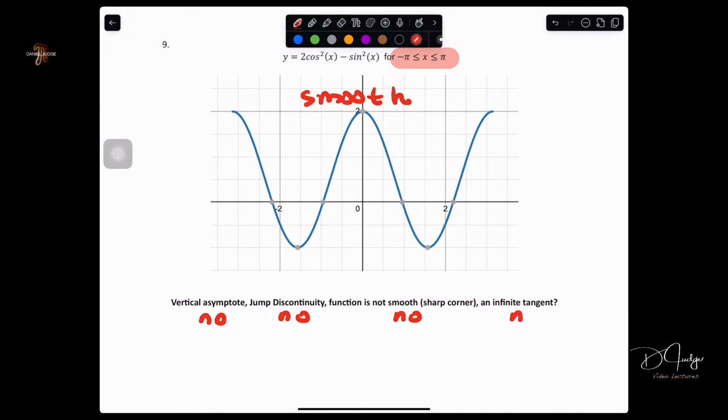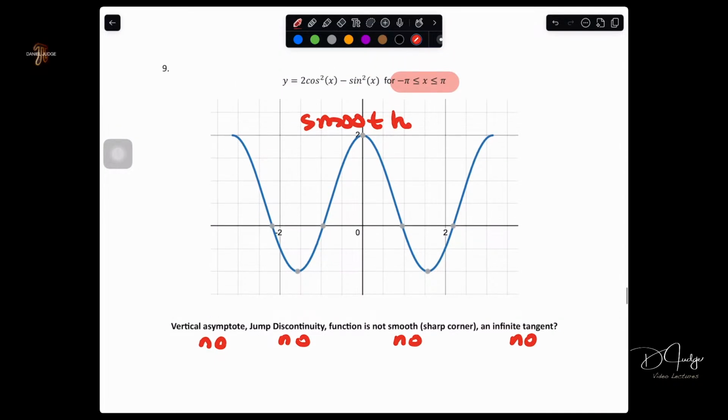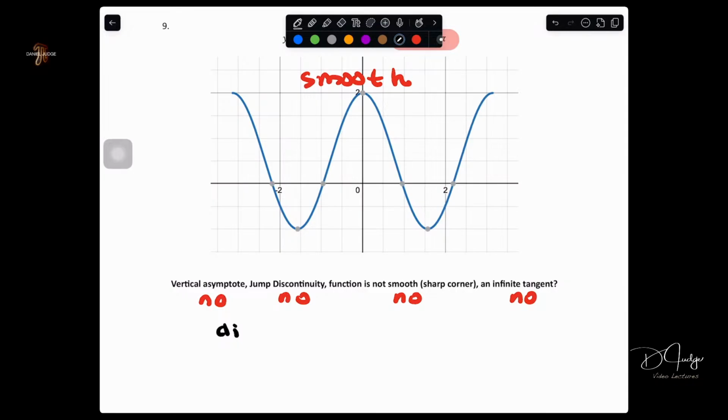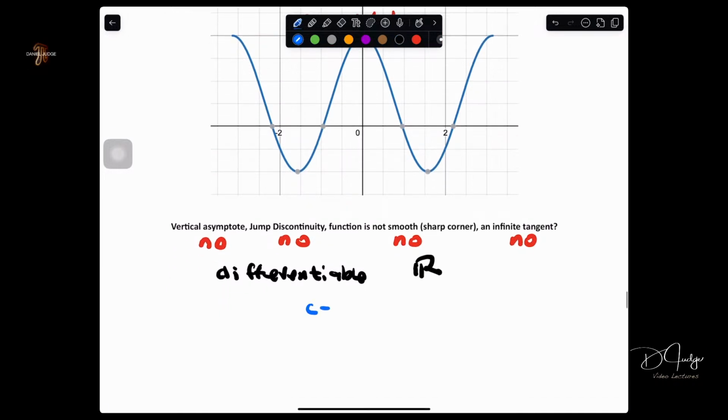No. Infinite tangents, locations on the curve that are vertical? No, there's no vertical up and down. So this function is differentiable everywhere. Let's spell that out: differentiable for all real numbers. In interval notation, that's negative infinity to positive infinity.